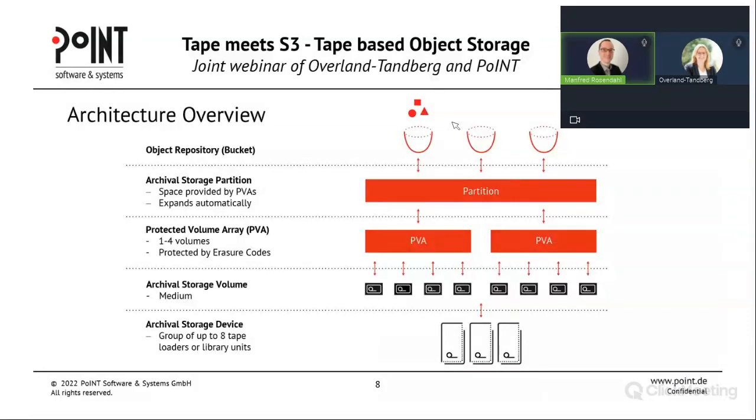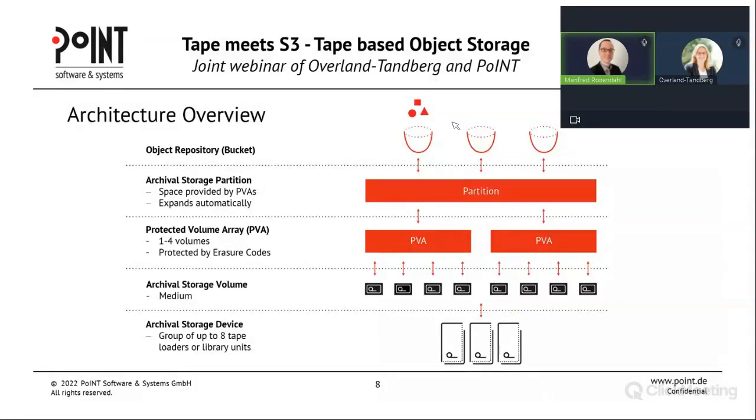And then in the next layer, we have the actual cartridges, the tapes, which we call archival storage volume, and a protected volume array, or PVA, is a set of tapes depending on the erasure code rate. It consists of 1 to 4 tapes.